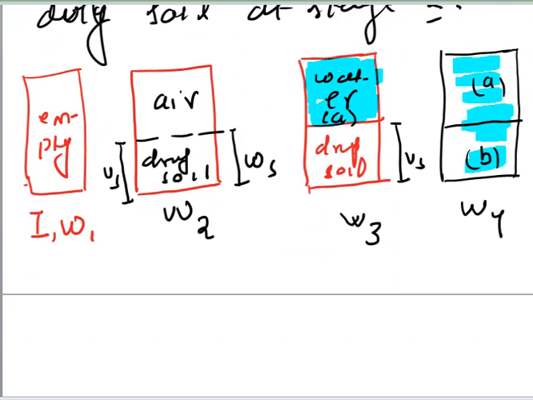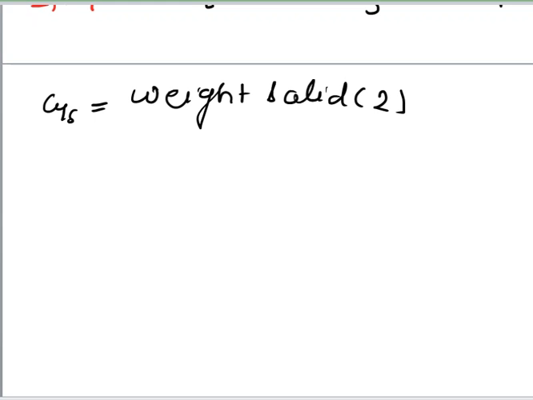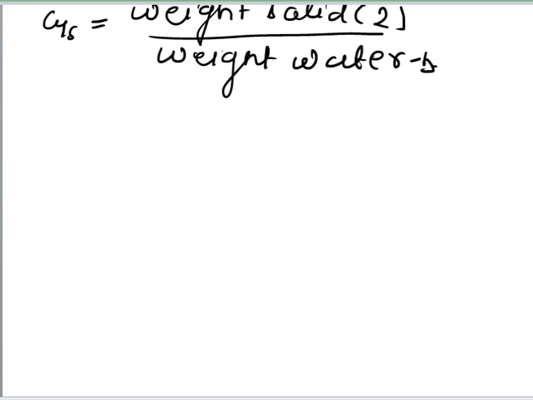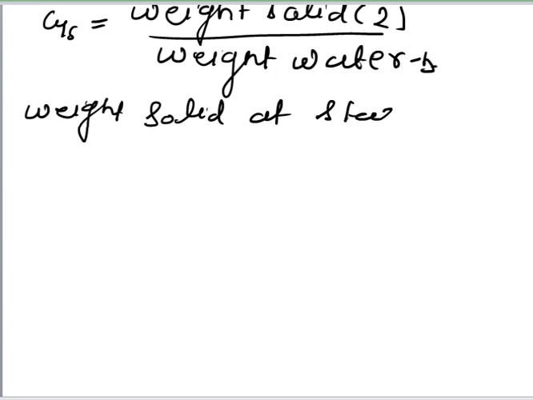So what will be the specific gravity? Look, specific gravity will be the weight of solid, this Ws, divided by the weight of water B of the same volume. So Gs will be weight of solid at stage 2 divided by weight of water B. Now, what is the weight of solid at stage 2?